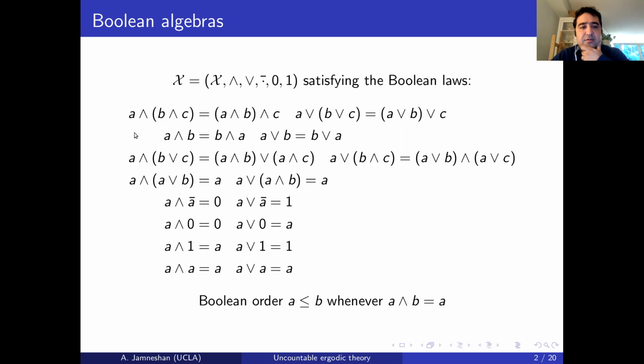Basically, the first property tells that both the binary operations are associative. The second one tells that they are commutative. Then the third one tells that the two binary operations distribute. And the fourth one is called the absorption laws. And the last, this one is a negation rule.